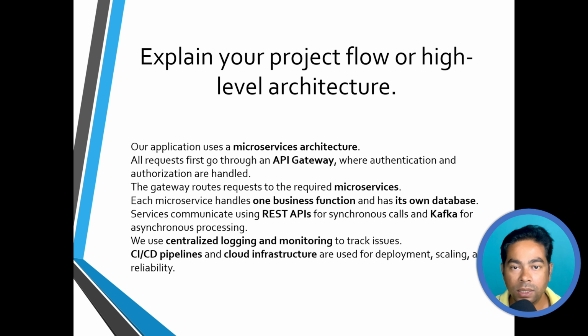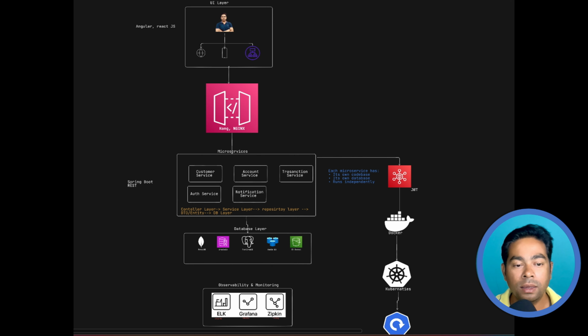They will ask, explain your project flow, the high-level architecture, a high-level flow of your project. You take any project, there will be a UI. Our applications get accessed by the UI. The UI may be a mobile app or a browser or third-party applications.